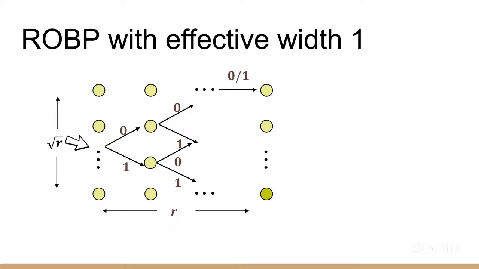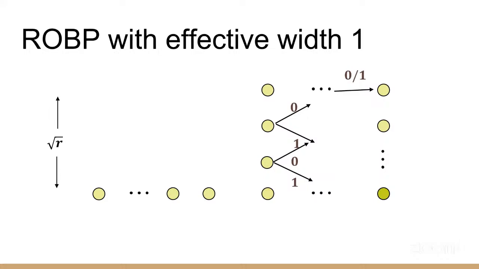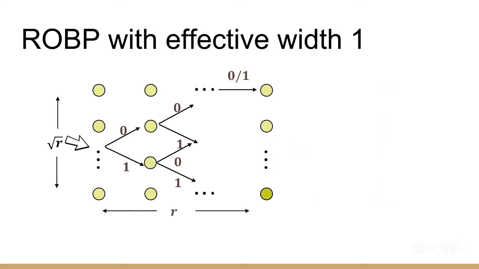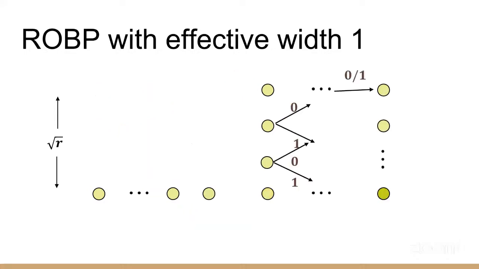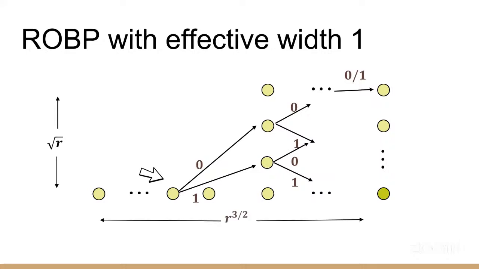Now to convert it into effective width 1, I take each layer with square root R rows and translate it into time. So square root R rows becomes square root R time steps, and this becomes R to the 3/2 length. When I do this, only the transition for the last row will depend on the input bit.